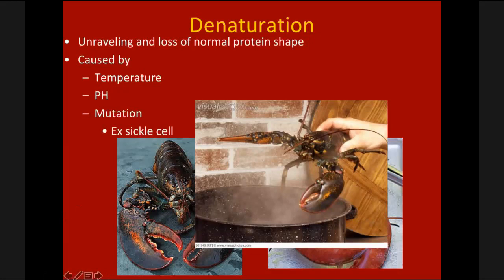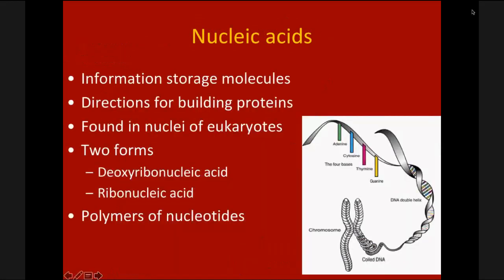It's just masked by the protein that covers it with blue and greenish colors. So when you put the lobster in boiling water, that heat denatures all that blue-green protein and exposes the red that was underneath. Denaturation.